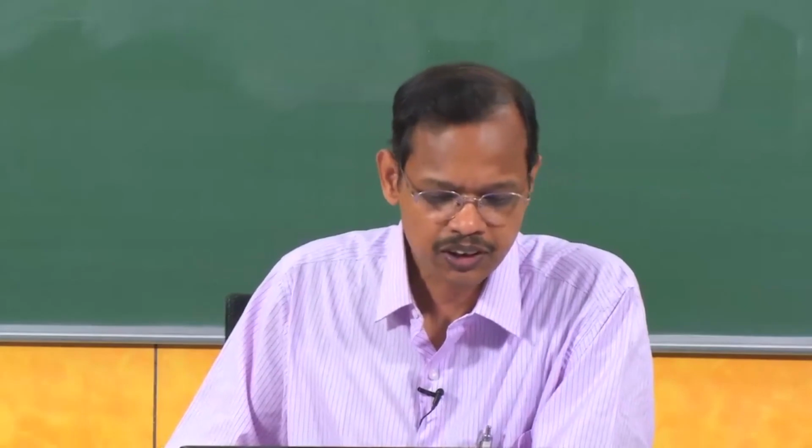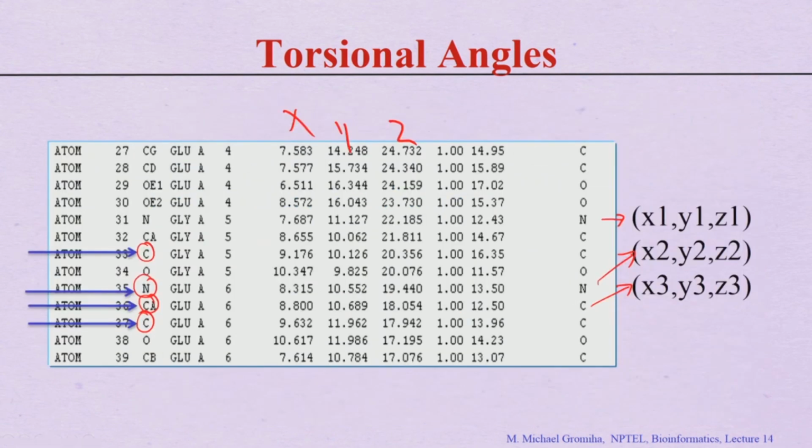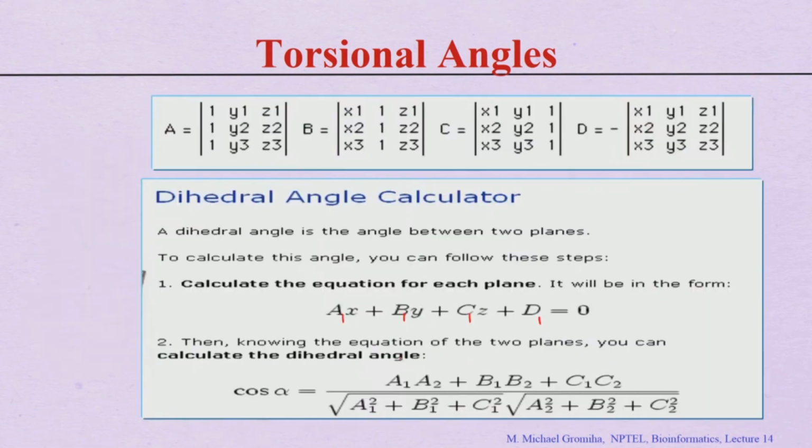What is the equation of a plane? a1x plus b1y plus c1z plus d1 equal to 0. The a1, b1, c1 and d1 you can calculate using determinants, with rows x1 x2 x3, y1 y2 y3, z1 z2 z3 for a, and likewise for b, c and d. Because all the coordinates are known, you can form this equation for plane 1.